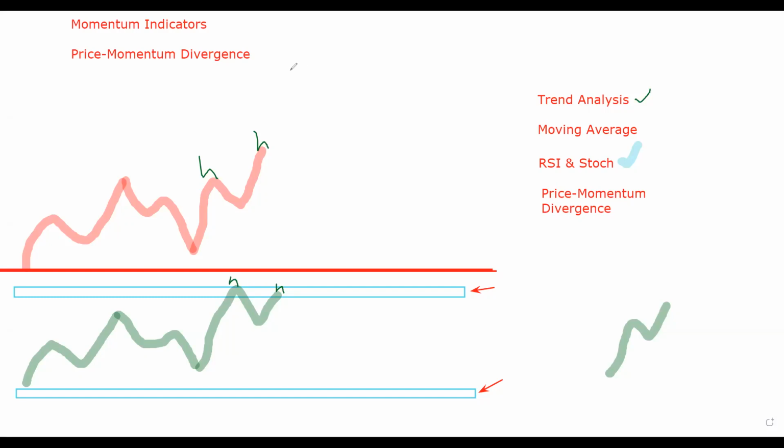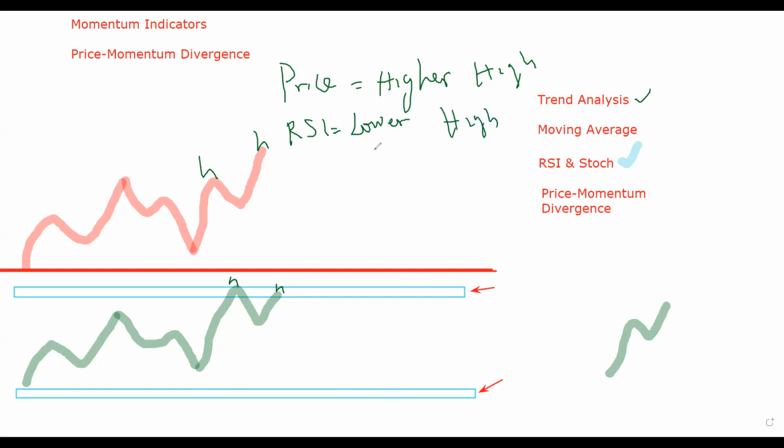So you have price giving us a higher high, and then you have the RSI. It could be RSI, it could be any other momentum indicator. It's giving us a lower high. Lower high at where?